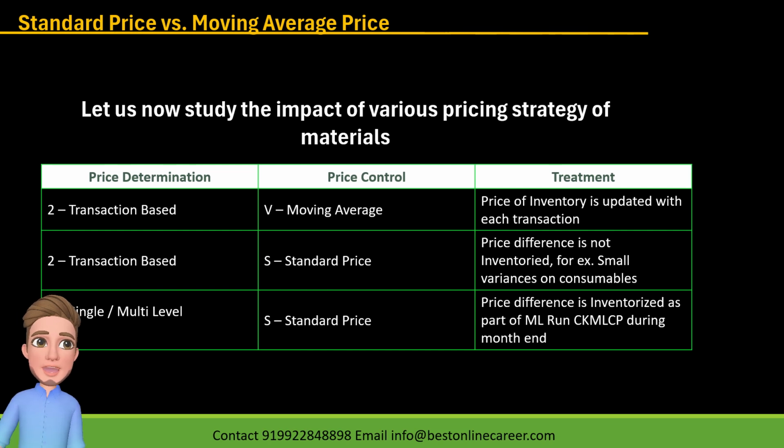Now in SAP, we have something called price determination, and then we have something called price control. In price control, you have moving average price and then the standard price, right? Let me quickly explain the difference between both of them. In the moving average price, with each transaction, you reflect in the inventory the inflation in the subsequent lot you have got.